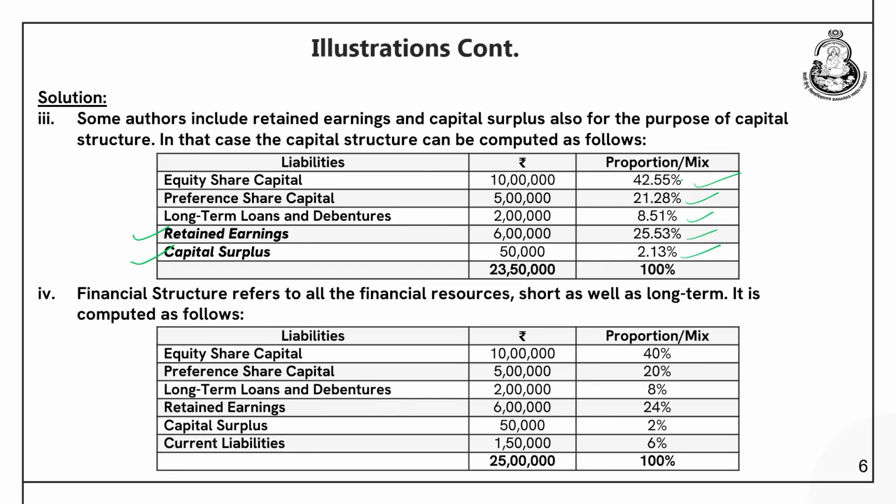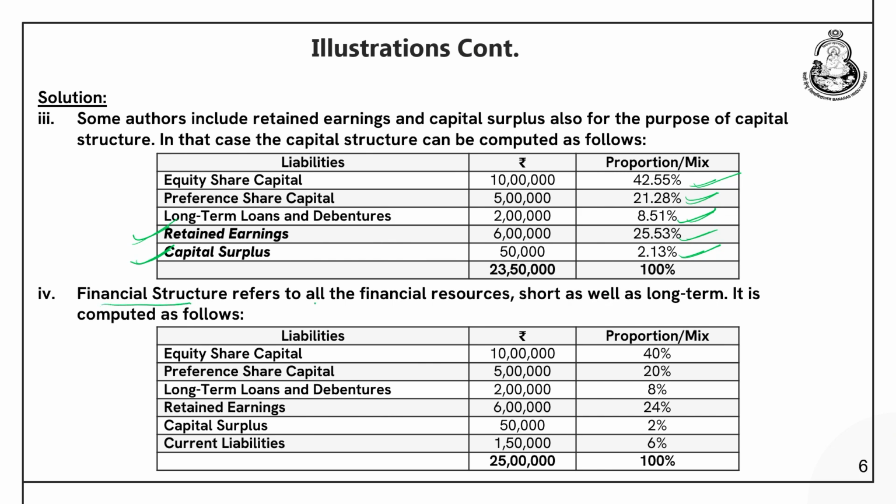The equity share capital consists of 42.55%, preference share capital consists of 21.28%, long term loans and debentures consist of 8.51%, retained earnings 25.53%, and capital surplus 2.13%. So, their contribution goes down because of the inclusion of these two sources also.